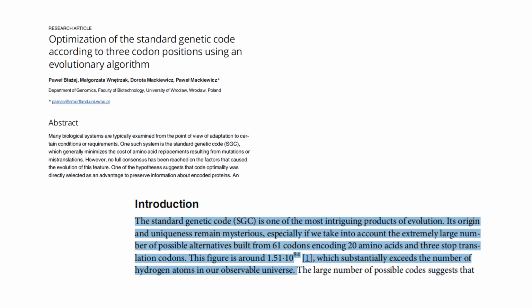Now, before we go on to look at the answers to this question, I'm just putting up a blurb from a recent research article here. And the point I want to make is that when we said there are 2.4 times 10 to the 18th, that was keeping the block structure of the table the same, but shuffling the names of the amino acids. But I don't have to keep the block structure the same.